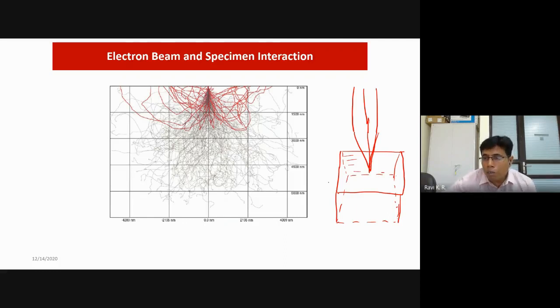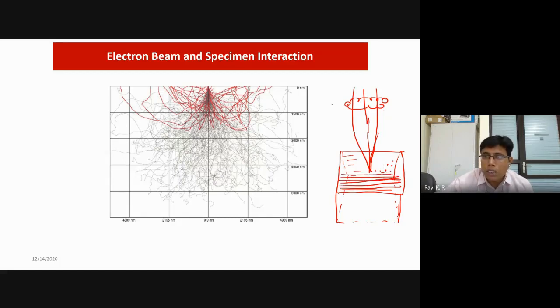So what do we do? We have a coil which allows us to move to different locations. So if we have a sample like this, we'll scan it. We'll scan the sample.